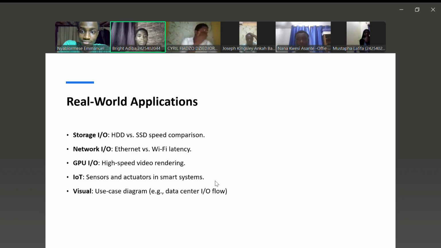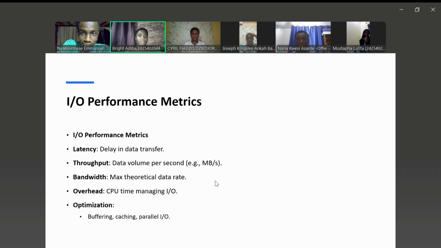Well done. Joseph Kingsley, can you please continue with the input output performance? Okay, I'm Kabedi Joseph Kingsley, and I'm talking about the input output performance metrics. The first one is latency. Latency is the time it takes for data to start moving from the source to the destination. Think of it as the waiting time. Two, throughput. Throughput measures how much data is transferred per second. For example, if you are downloading a file and it's moving at 5 megabytes per second, that's your throughput.